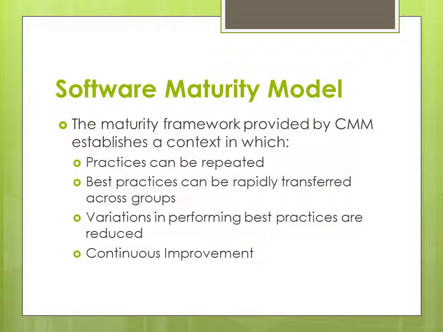The focus is on identifying key process areas and exemplary practices that may comprise a disciplined software process. The maturity framework provided by CMM establishes a context in which practices can be repeated. If you don't repeat an activity, there is no reason to improve it.